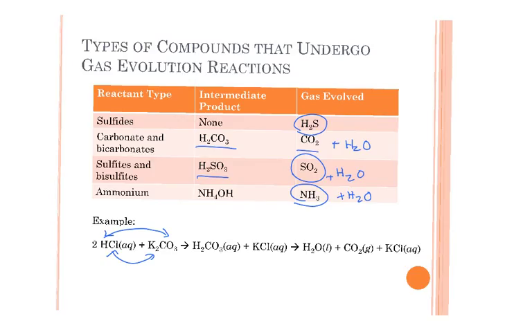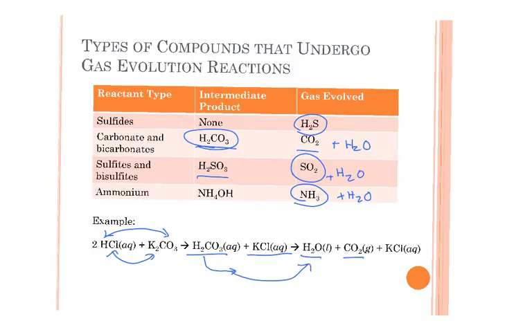The problem is this is very short-lived. Like we said, it's one of the ones that break down. So you have to be able to recognize when you see carbonic acid that it will break down to give you water and carbon dioxide. So this will break down once more, and then we'll still have our potassium chloride salt.